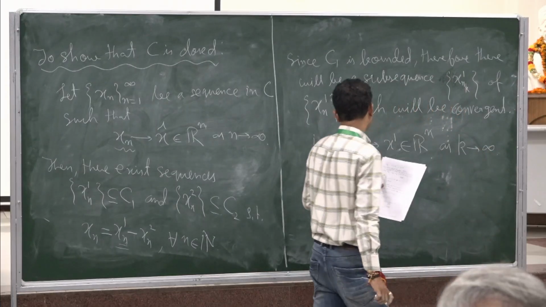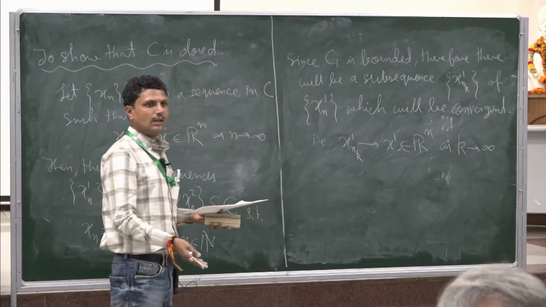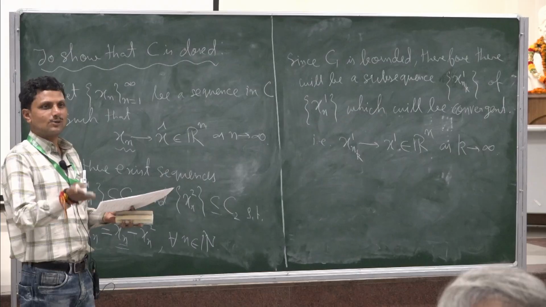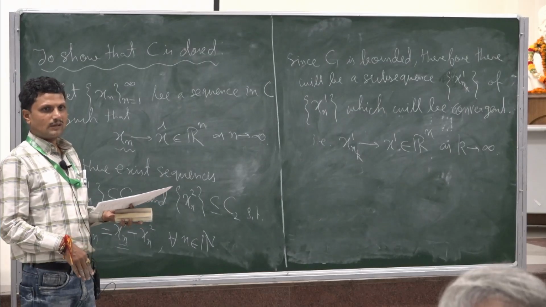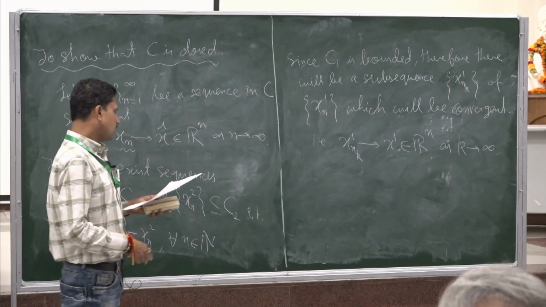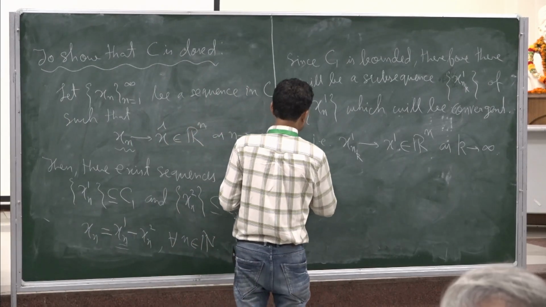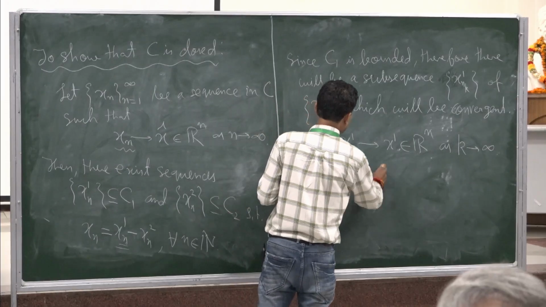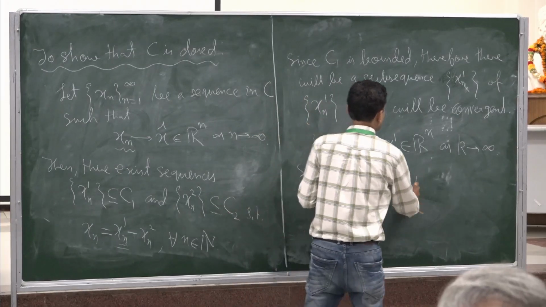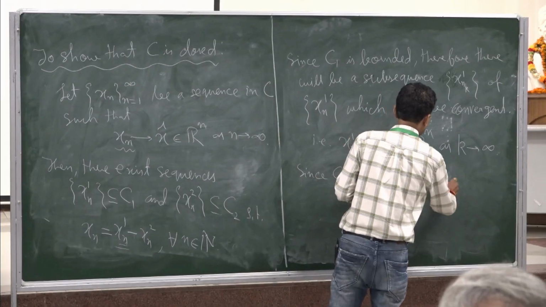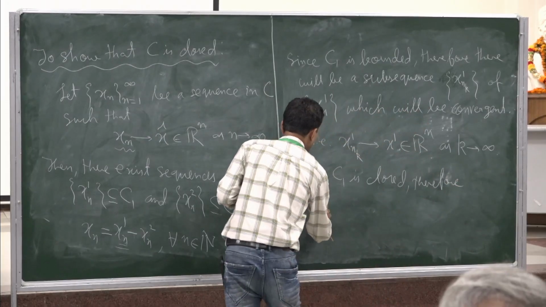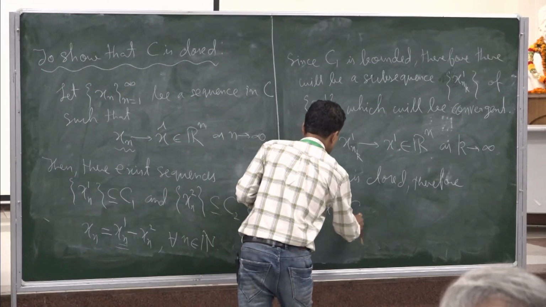Again this will be convergent, but now C1 is also closed, so now we can use this condition of C1. Since C1 is closed, therefore this x1 belongs to C1, right?